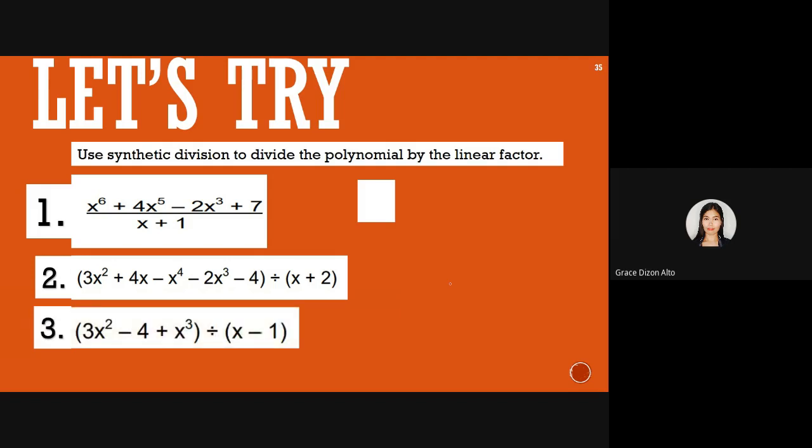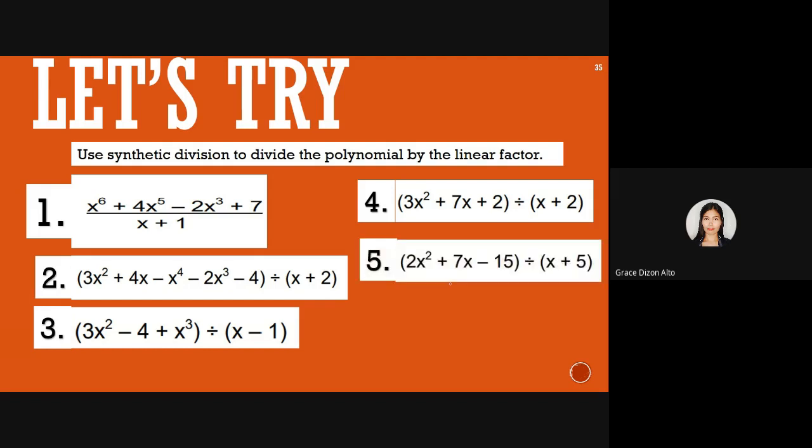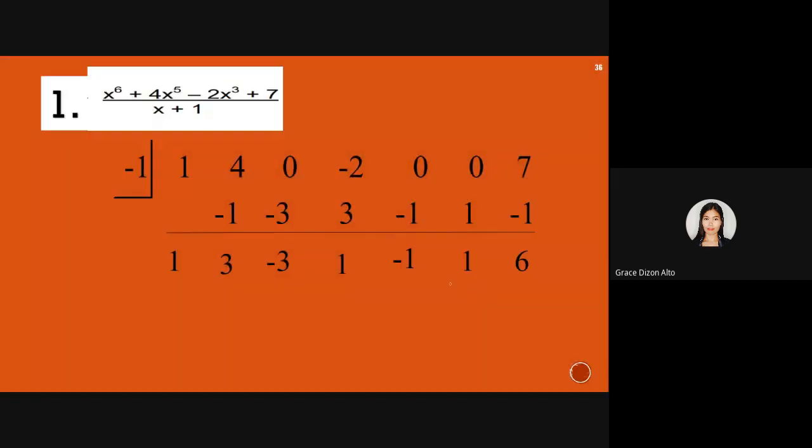And number 3, 3x squared minus 4 plus x cubed divided by x minus 1. Number 4, 3x squared plus 7x plus 2 divided by x plus 2. And number 5, 2x squared plus 7x minus 15 divided by x plus 5.